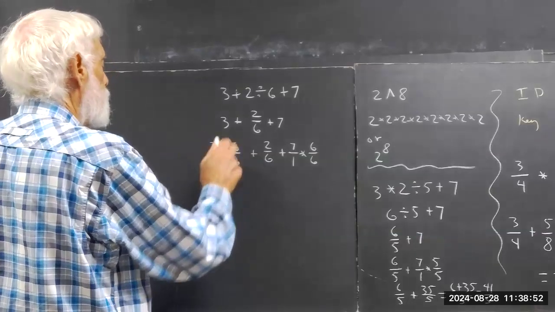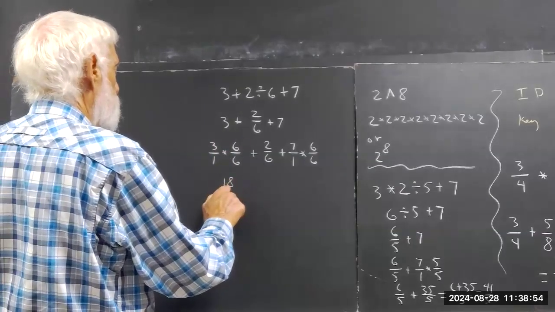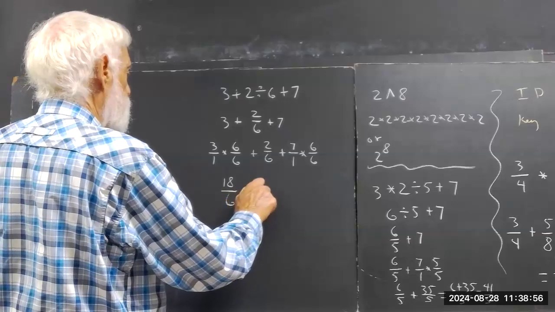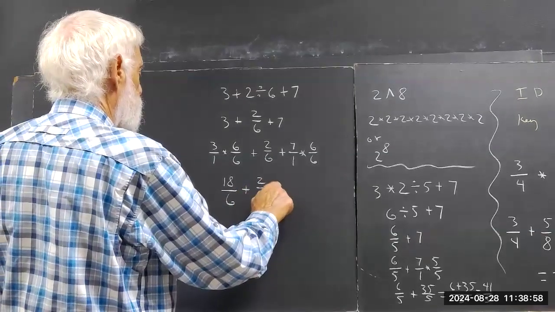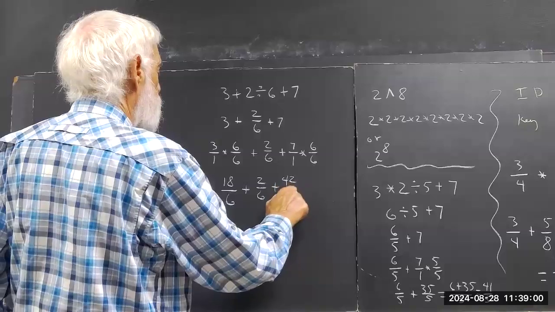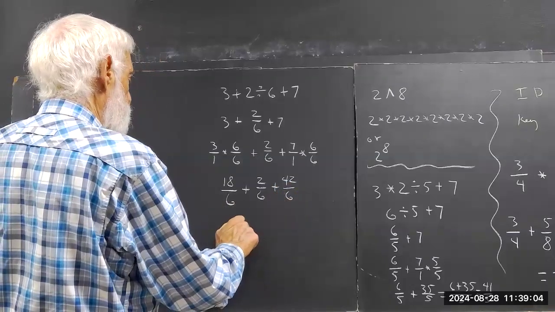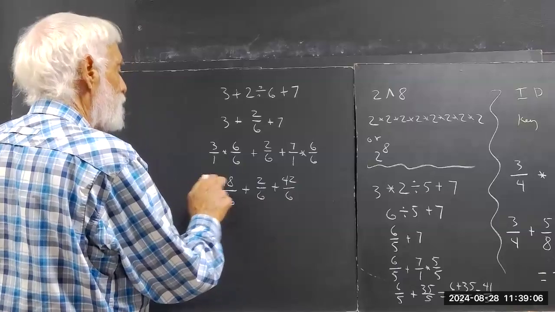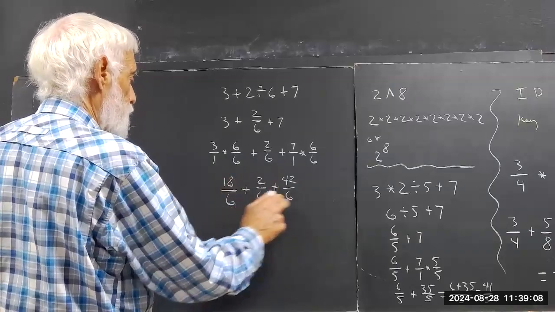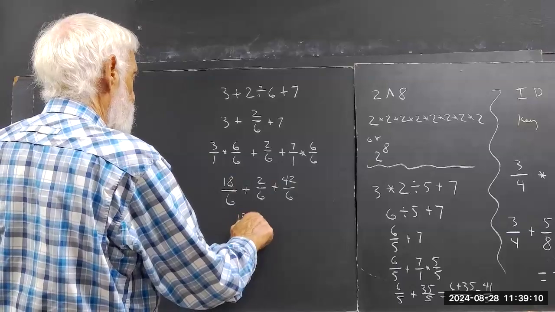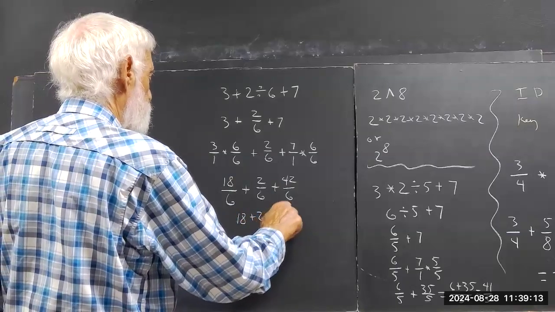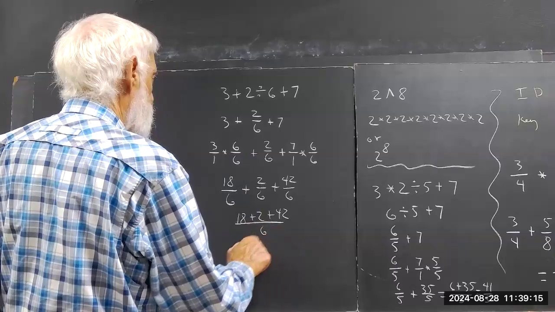So if we do these multiplications using the rule for multiplication, we have 18 over 6 plus 2 over 6 plus 42 over 6. What's that equal? That equals 18, 2, and 42 sixths. That's 18 plus 2 plus 42 over 6.